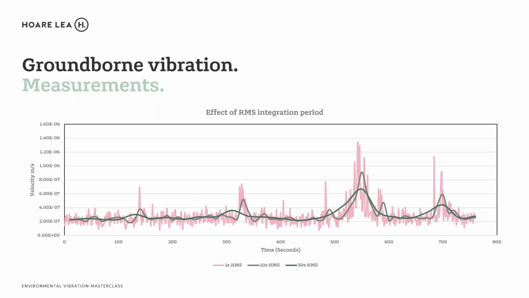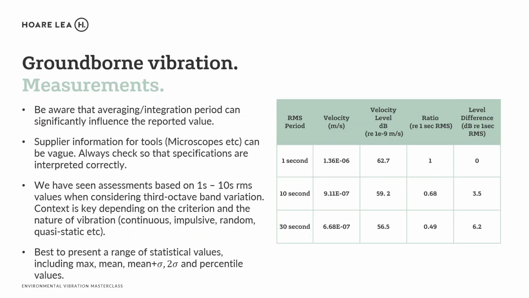And what does that mean when we look at max values? You can see there's a clear peak in the response, somewhere between 500 and 600 seconds. And that's presented in the table that you can see there now. I've presented it in a few ways. All these ratio and level difference columns are with respect to the 1 second time history.